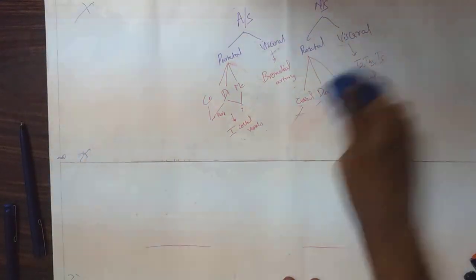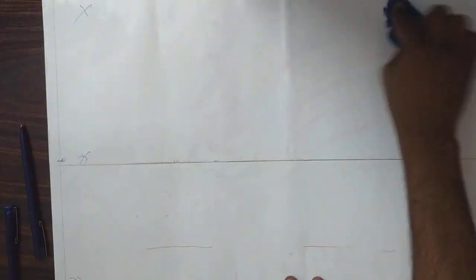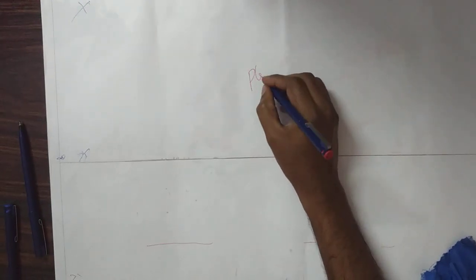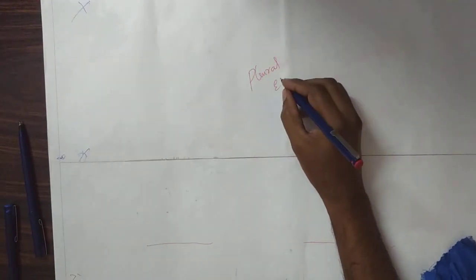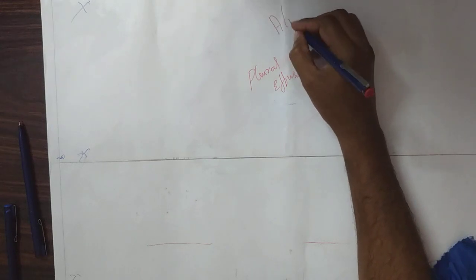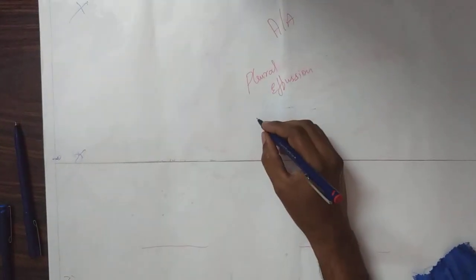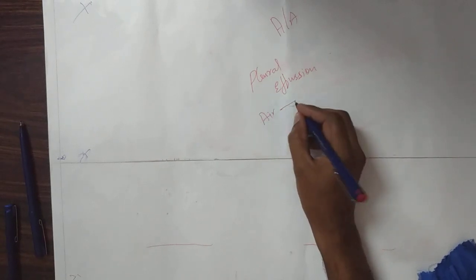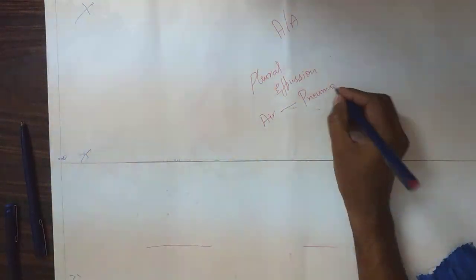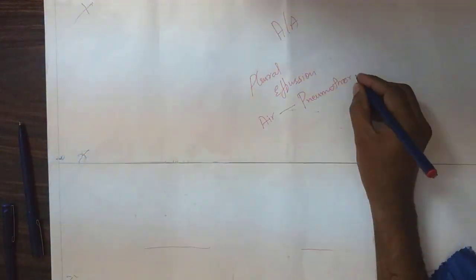Then coming to the applied aspect. As we have seen, the pleural cavity is a potential space. If there is any accumulation of serous fluid in the pleural cavity, we call it pleural effusion, and if there is any air inside the pleura, we call it pneumothorax.